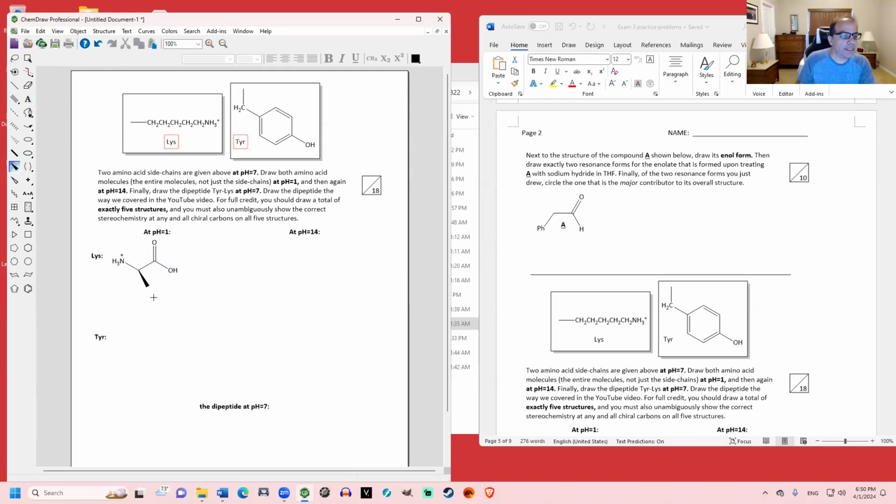And then we need to get the right stereochemistry. So in this view of the amino acid, the hydrogen is on the wedge bond and the side chain is on the dot bond. And I can never remember how many CH2s in lysine. 1, 2, 3, 4, 5.